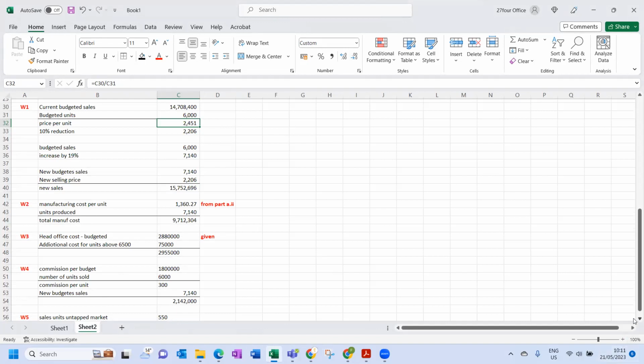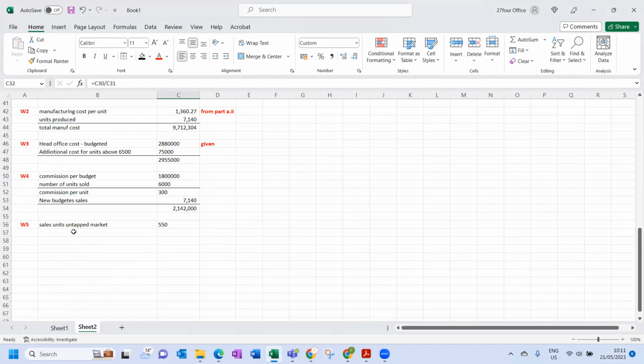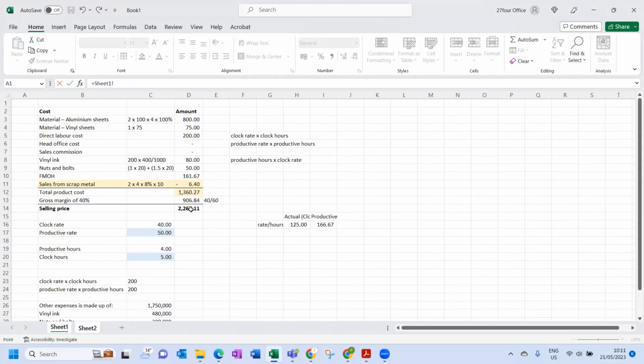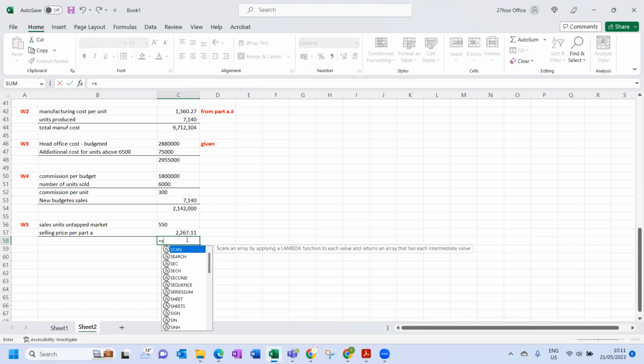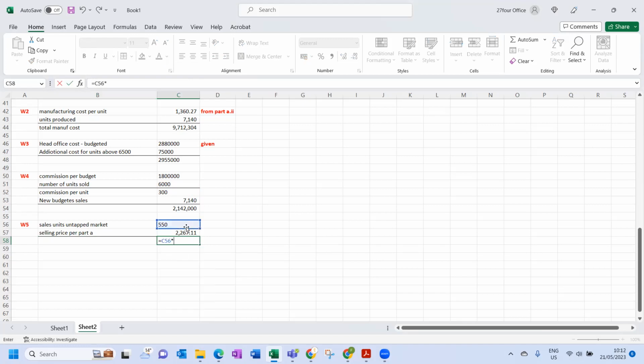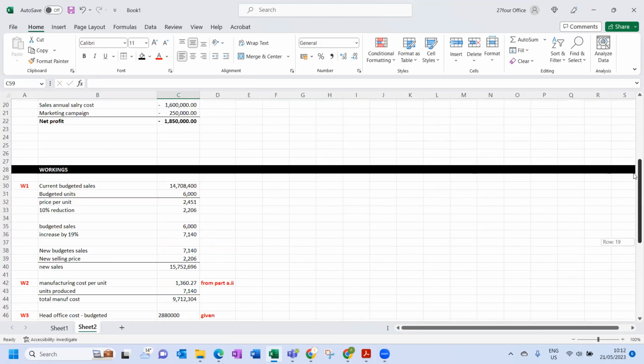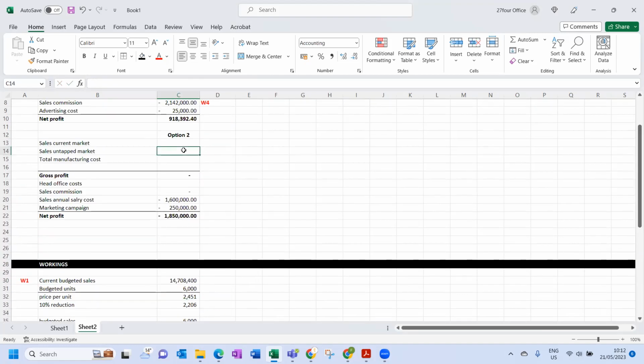We need to use the selling price of part A. So here we go: selling price per part A, which is going to be equal to that. So the untapped market, that is our untapped market, 1246. I'm going to bring that in.